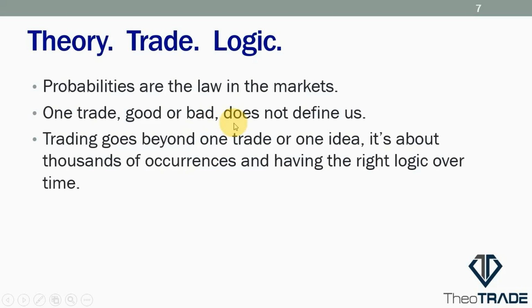When I say probabilities are law in the markets and one trade can't define you, what it comes down to is the number of occurrences. Trading goes beyond one trade. When you talk to individuals about their trading, it's like, oh yeah, my account was going great until that one trade.